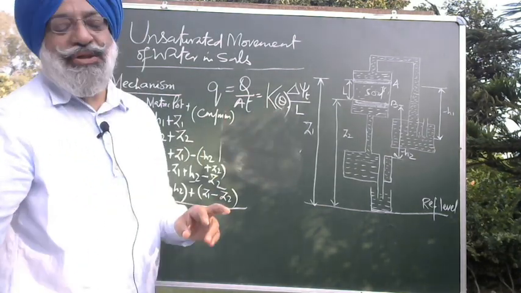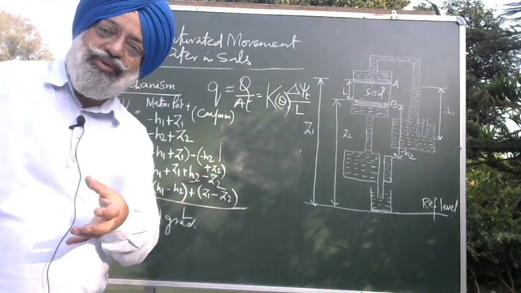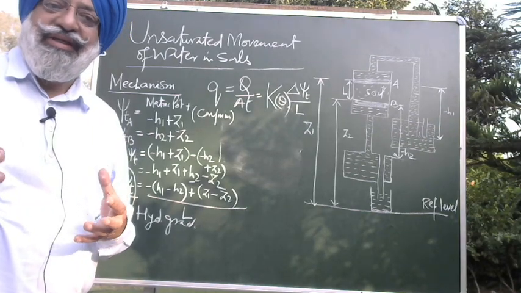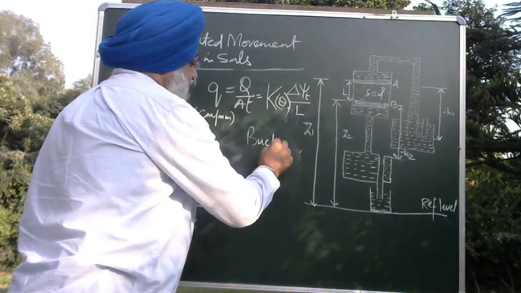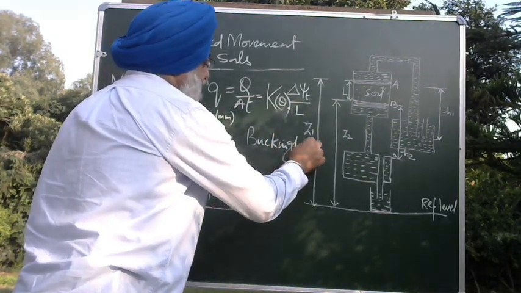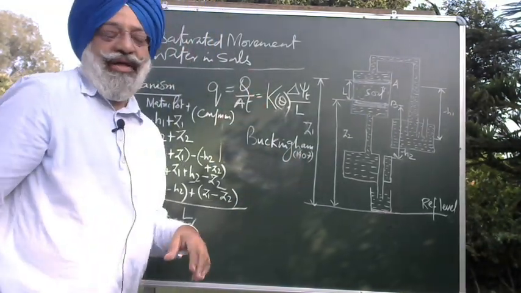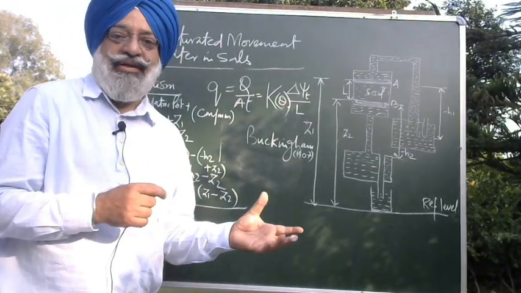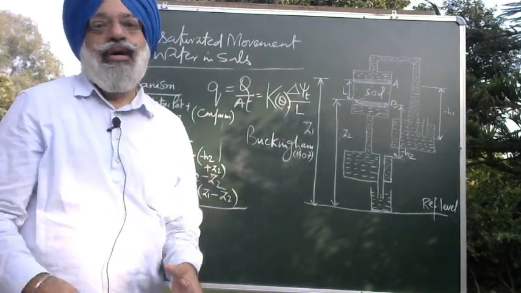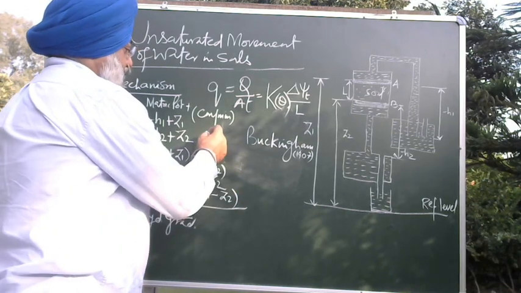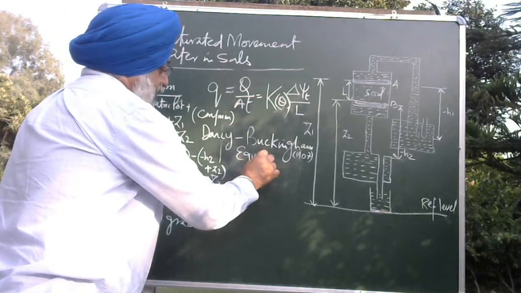This dependence of hydraulic conductivity on soil water content means the higher the soil water content, the more the hydraulic conductivity, and vice versa. This was given by Buckingham in 1907. He was first to say that under unsaturated conditions, hydraulic conductivity is dependent upon moisture or upon the matric potential. So that's why we call this the Darcy-Buckingham equation.